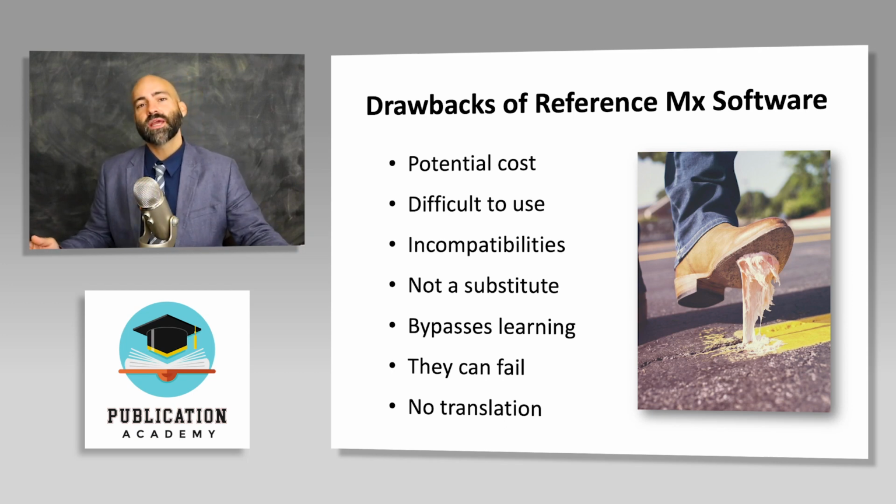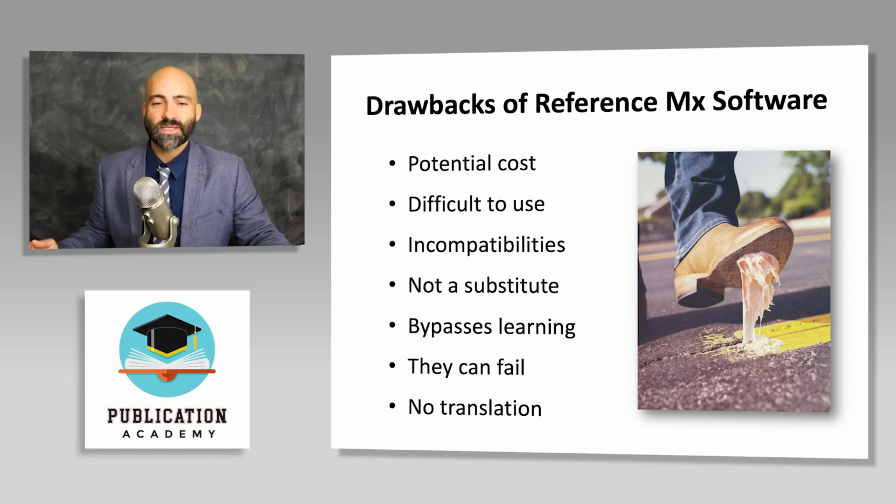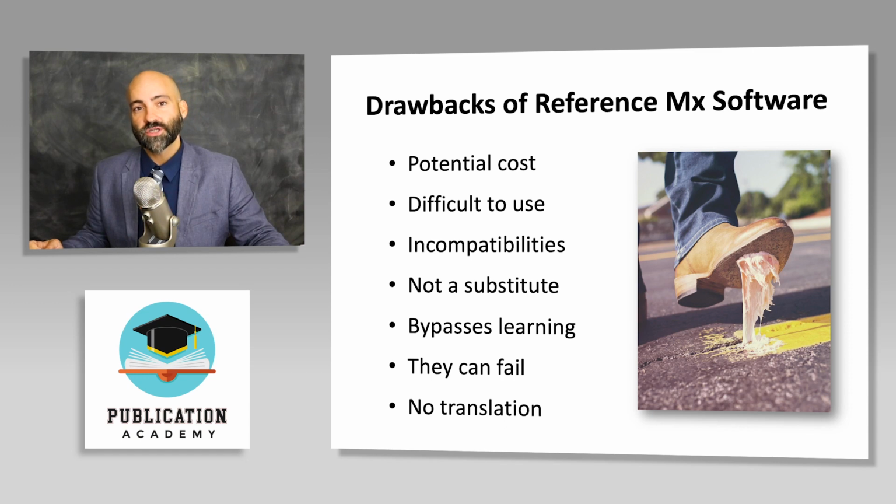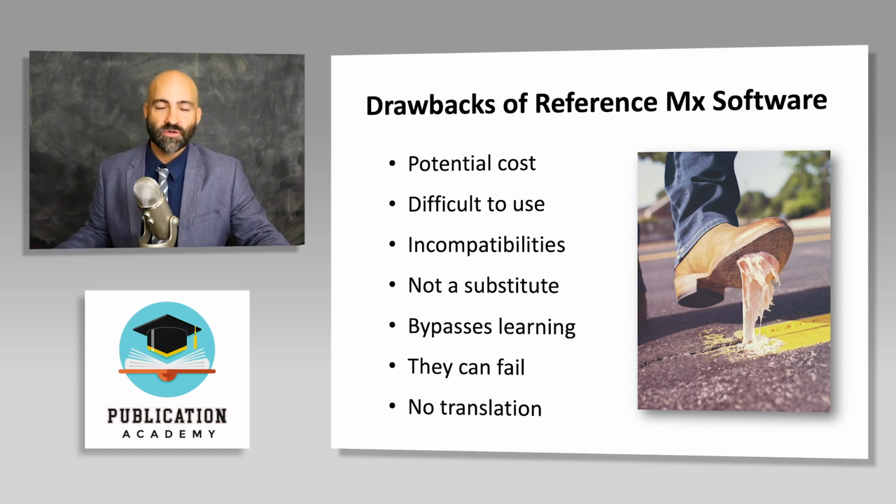And unfortunately, almost all of them focus on English language journals. Very few of them are able to incorporate translations or to work with foreign language or non-English language journals, mostly because the software was written in English-speaking countries and targeted towards English-speaking researchers.